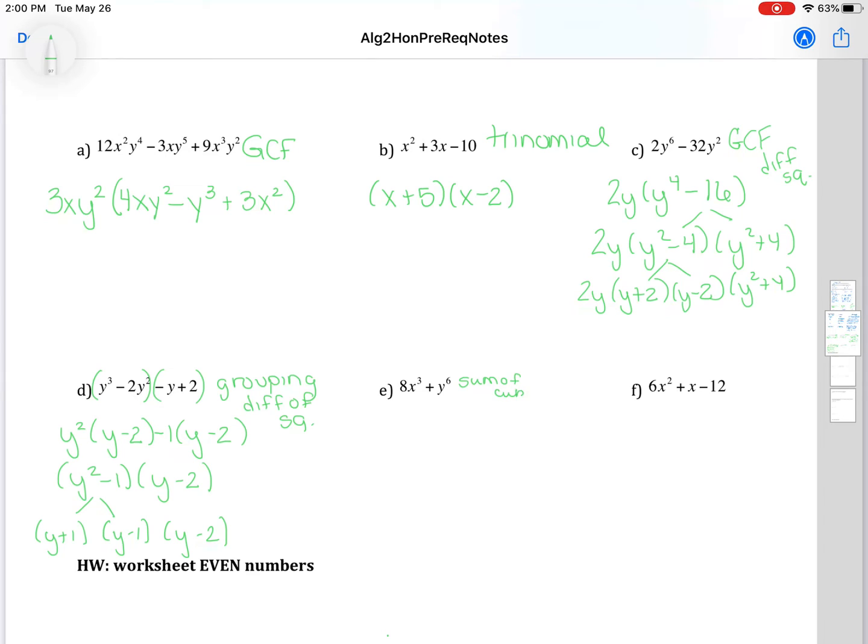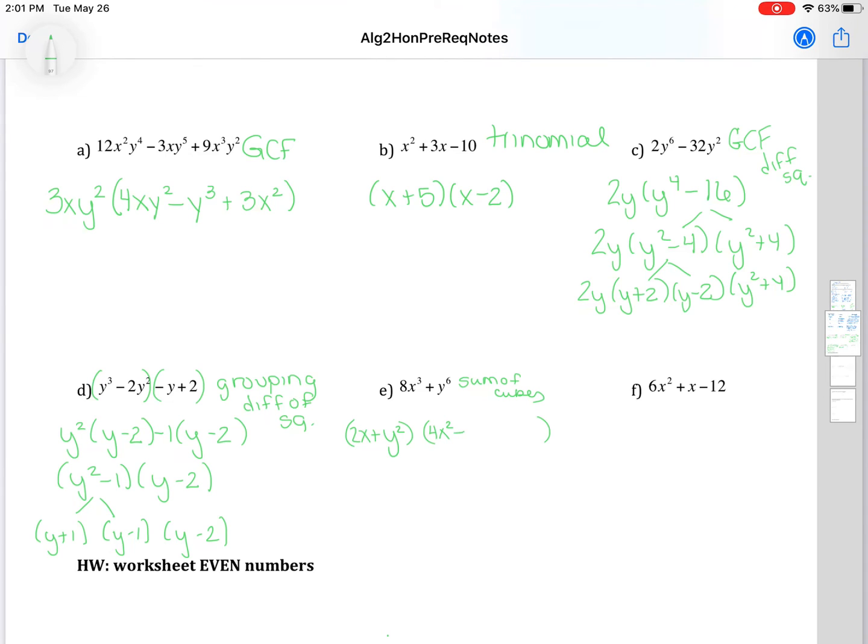All right, E, we have 2 terms. They're both cubes, so this is a sum of cubes. So we have 2 parentheses that we need. First one is made up of the cube root of each, so the cube root of 8x to the third is 2x. The cube root of y to the 6th, basically 6 divided by 3 is 2, so y to the second, and the sign stays the same.